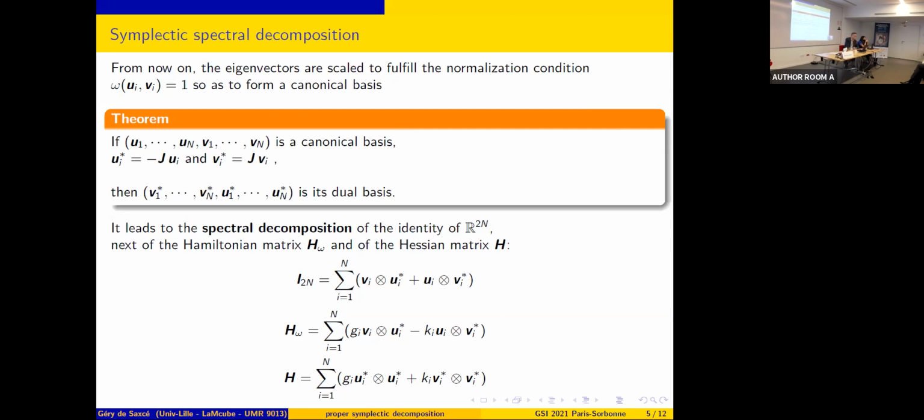And above all, it leads to the spectral decompositions of the identity of V, next of the Hamiltonian matrix, and with the flat isomorphism, we deduce the spectral decomposition of the Hessian matrix, a result that will be used later on.